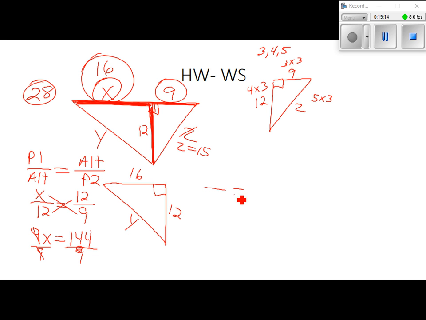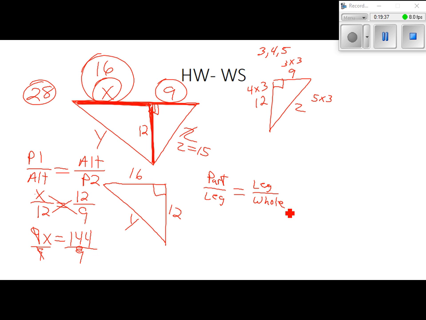Or, Y is a leg. Use the theorem that we talked about last time. Leg there, part that's hooked to that leg goes there, and then the whole hypotenuse goes there. There's 3 different ways you could do it. I don't care which way you find it as long as you get the answer.